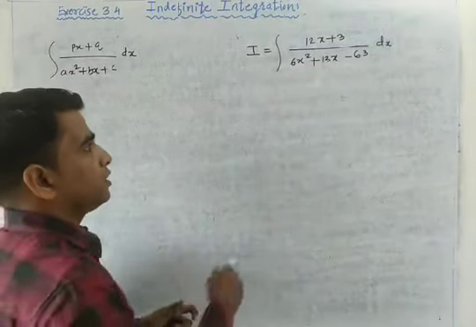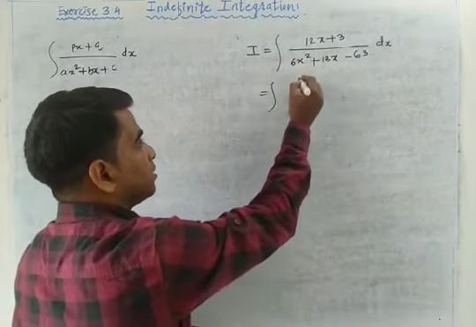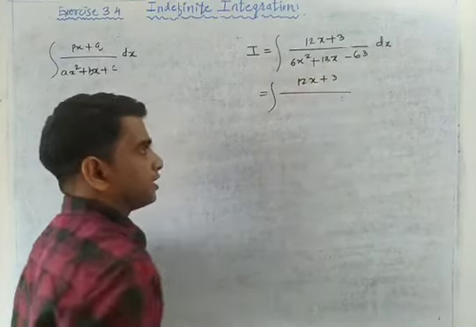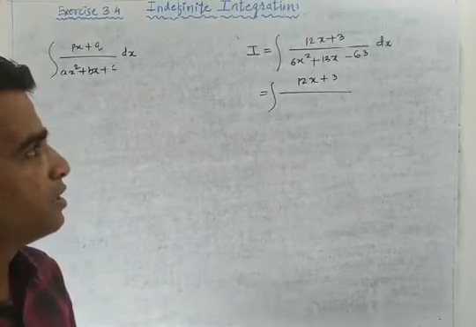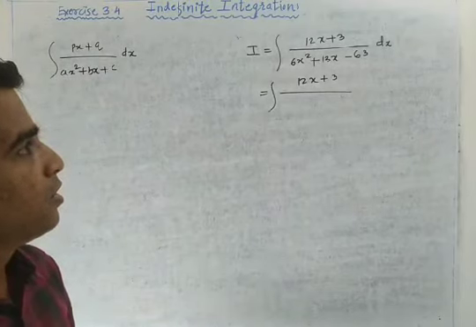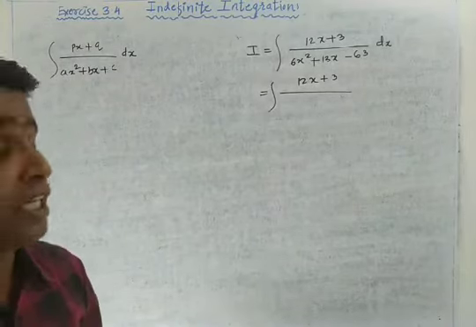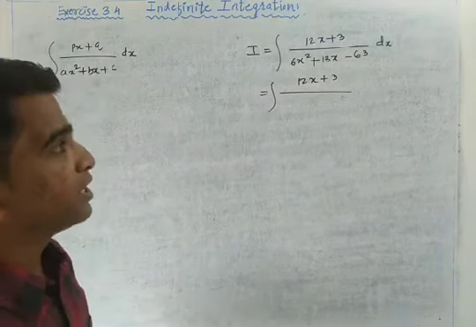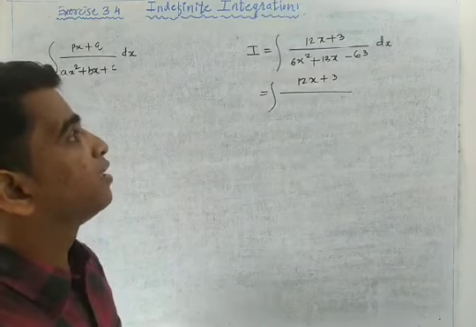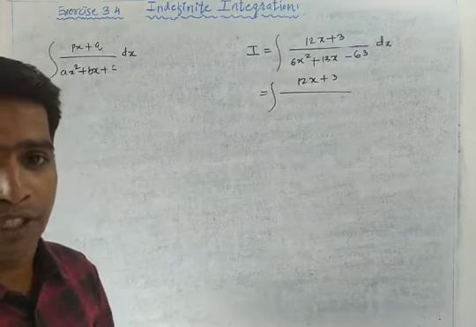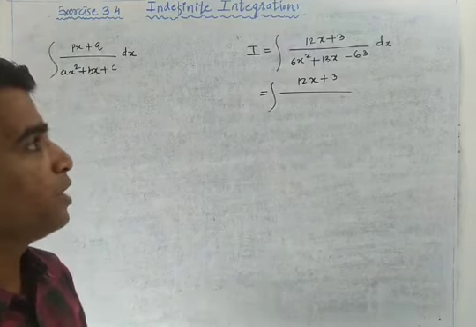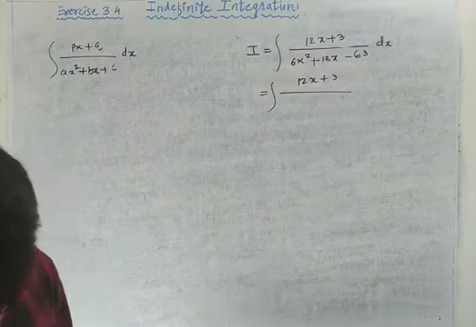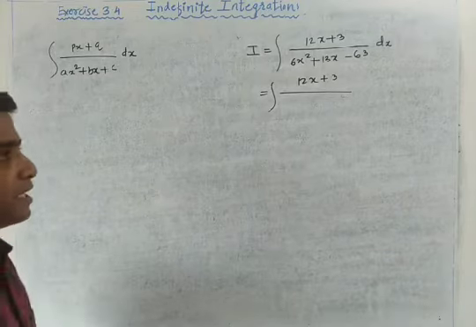Okay, so now here 12x plus 3 upon, now 6 into minus 63. So 6 into minus 63 is 378, and now we have to check the factors of minus 378, whose addition is plus 13 and product will be minus 378. These factors are 14 and 27.